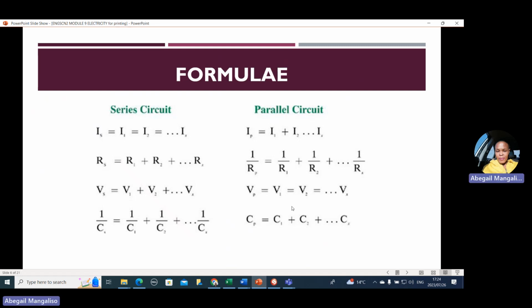But when the resistors are connected in parallel, voltage will be the same. So voltage across a parallel connection is the same.